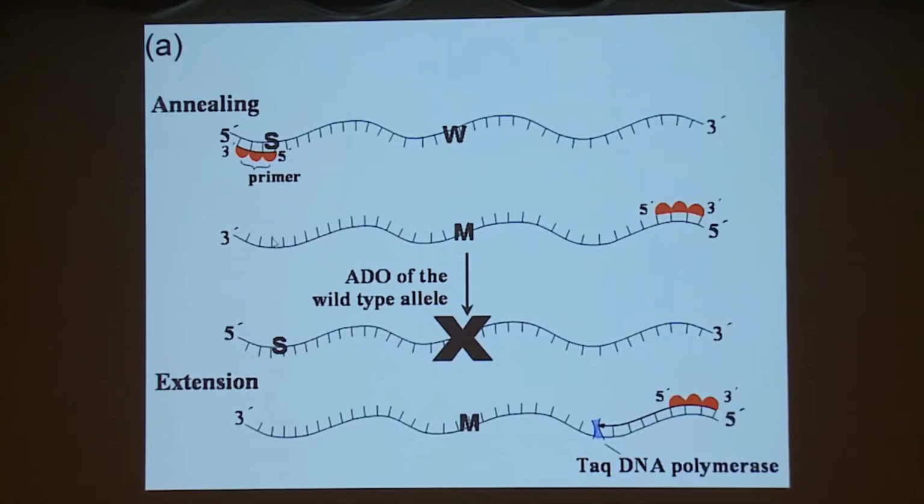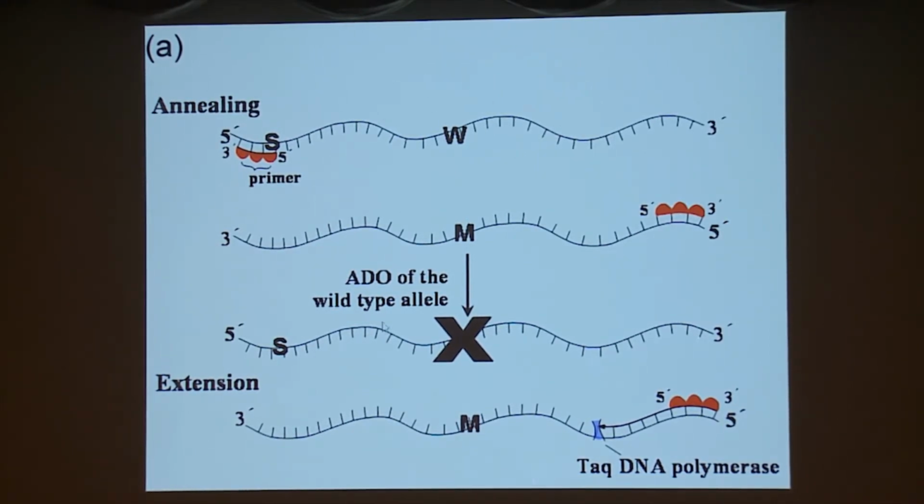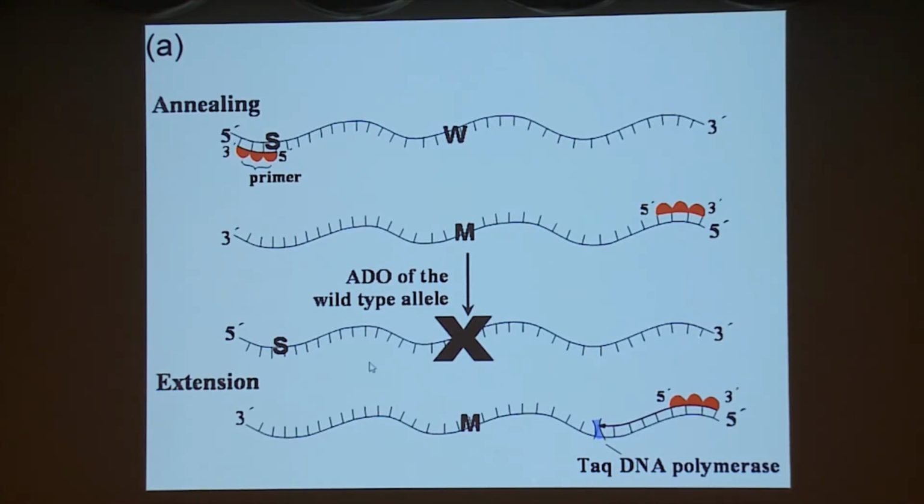In PCR, we know there is a primer that anneals to the DNA sequence. When there is a SNP at the primer site, the primer cannot anneal there, so the normal wild type strand cannot be amplified. Only the mutant is amplified, and that's the result: you see a homozygous mutation there.